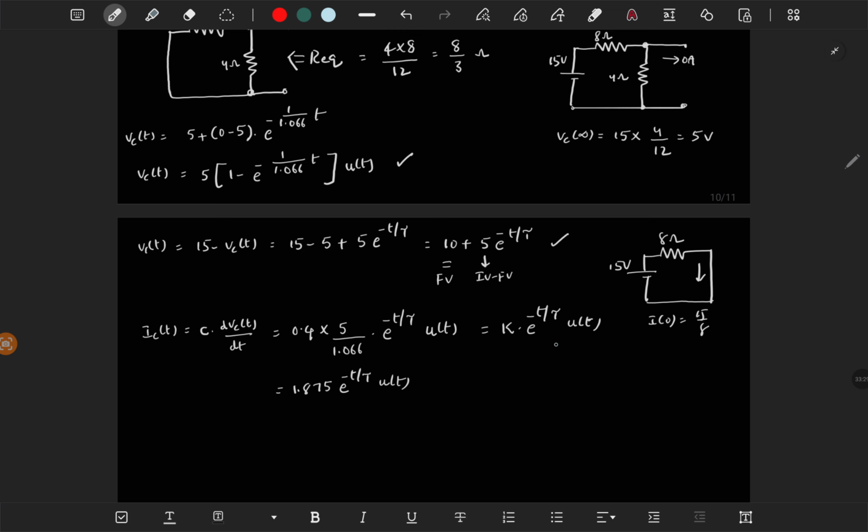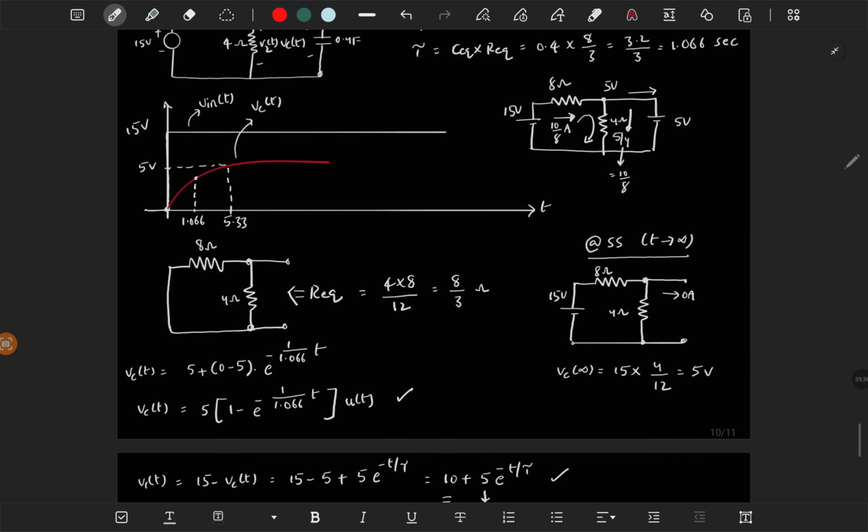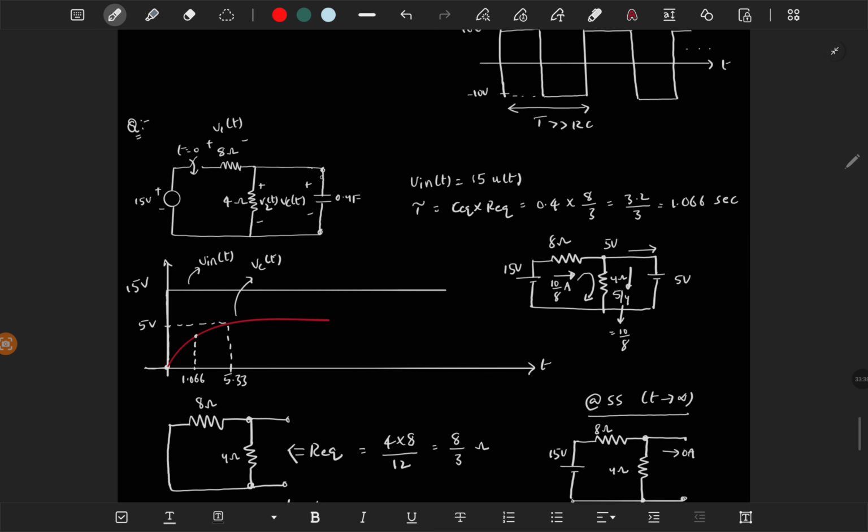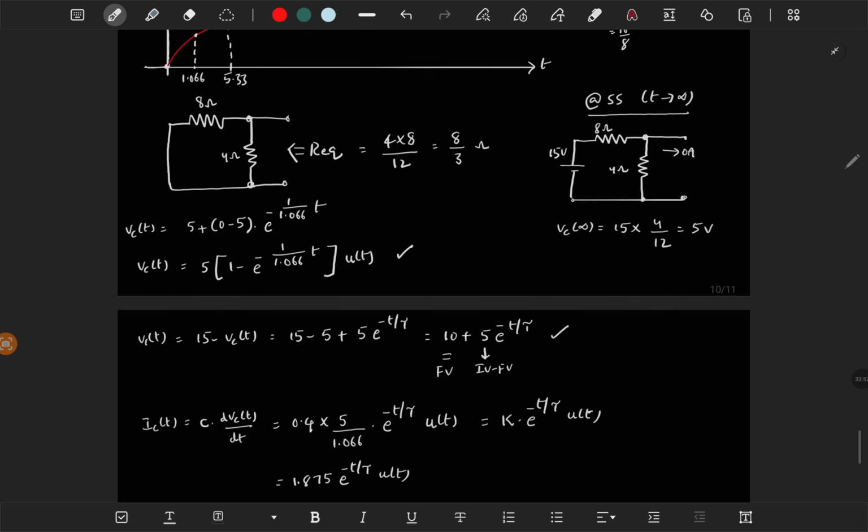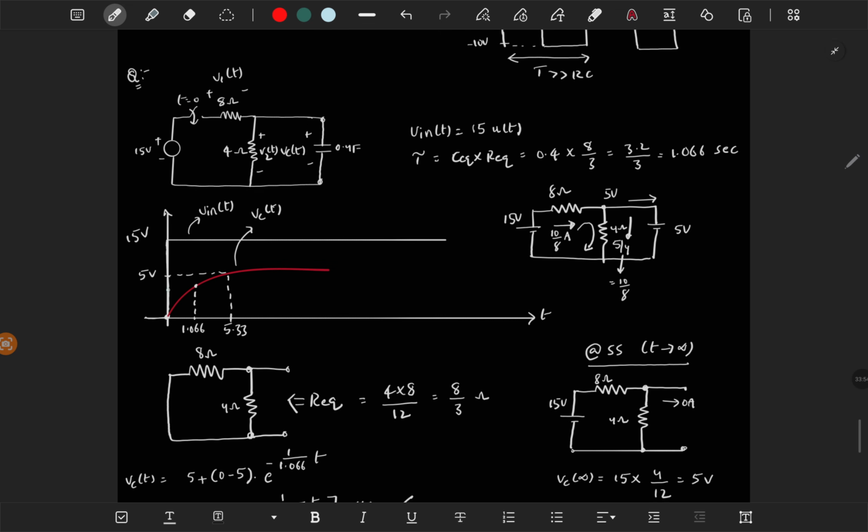You will get 1.875 times e power minus t by tau. It means at the start, since the capacitor is not charged at t equal to 0 plus, it is short circuited and there is a large current flow, 1.875 amps.